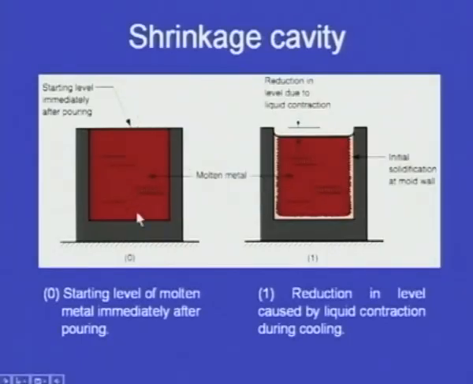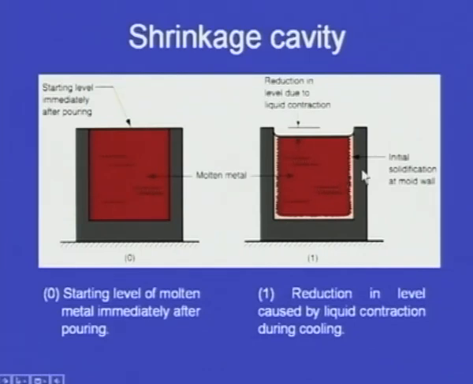And here we can see the starting level. When we pour the molten metal, after pouring it may look like this, starting level immediately after pouring. And here we can see the reduction in volume. Here on the side we can see, that is the liquid shrinkage.